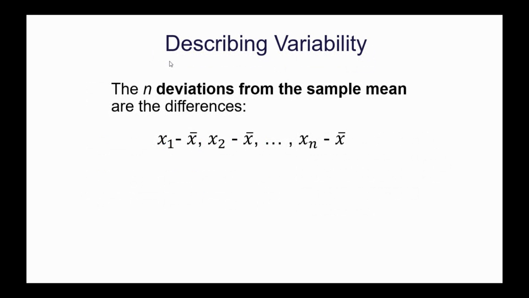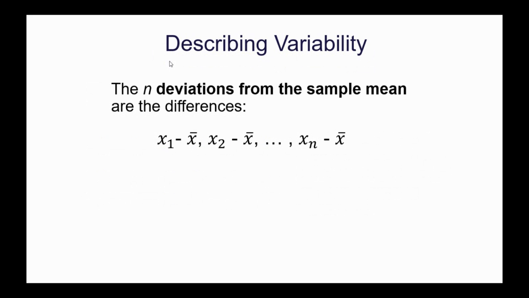So let's talk about something that's a little bit more useful, hopefully. Deviations from the mean are the differences that each observation is away from said mean. Let's say our average was X bar.